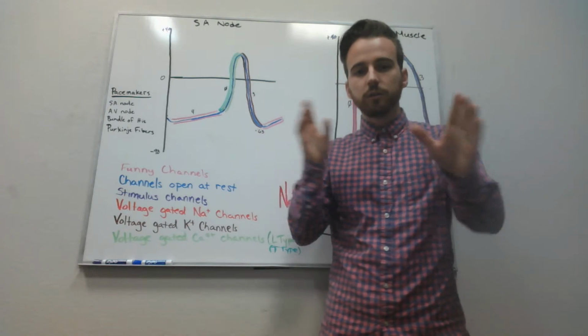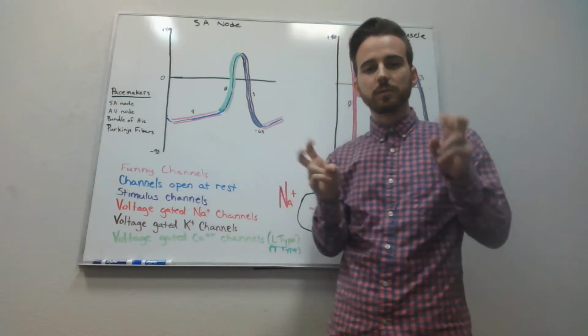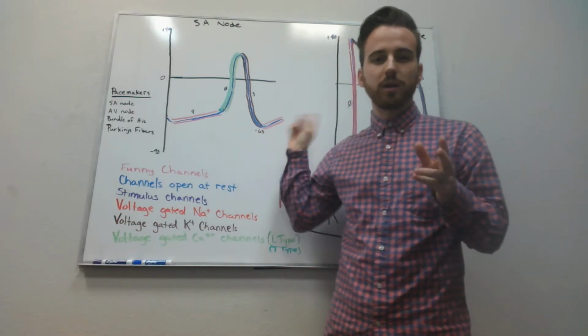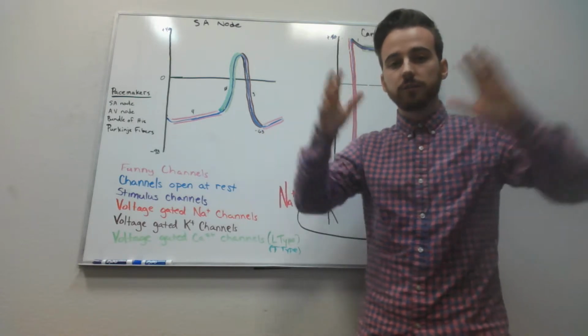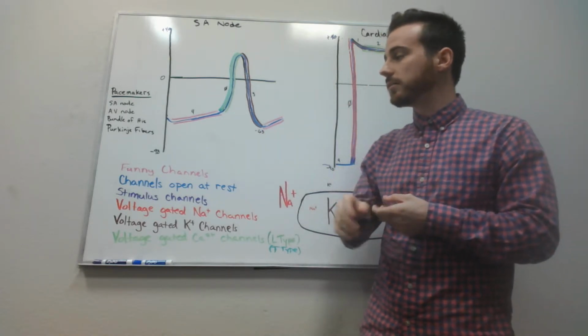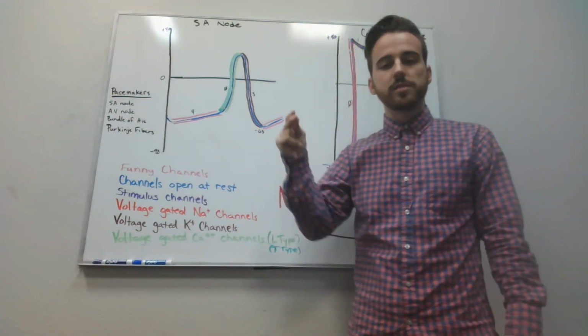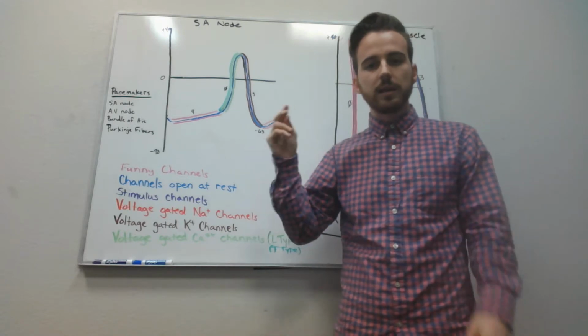The way your body decides which one is going to be the pacemaker of the heart is whichever one gets to threshold the fastest. It's just like a race. Typically, physiologically, the sinoatrial node is the one that gets to threshold the fastest. It gets there about 70 to 80 times a minute.